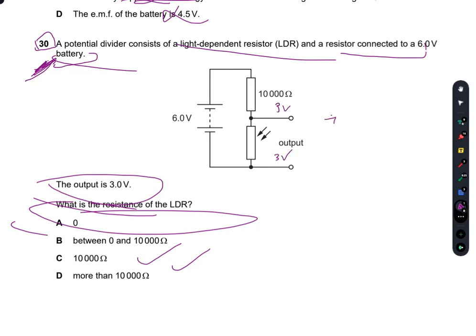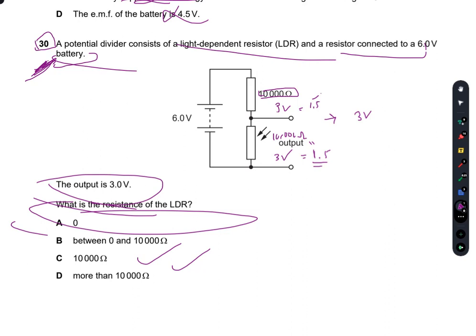Total output is 3 volts, which means the voltage gets half here. For 10,000 ohm the voltage gets half, then similarly for the LDR the resistance will also be 10,000 ohms because the voltage half here is also 1.5, which combine together to form 3 volts.